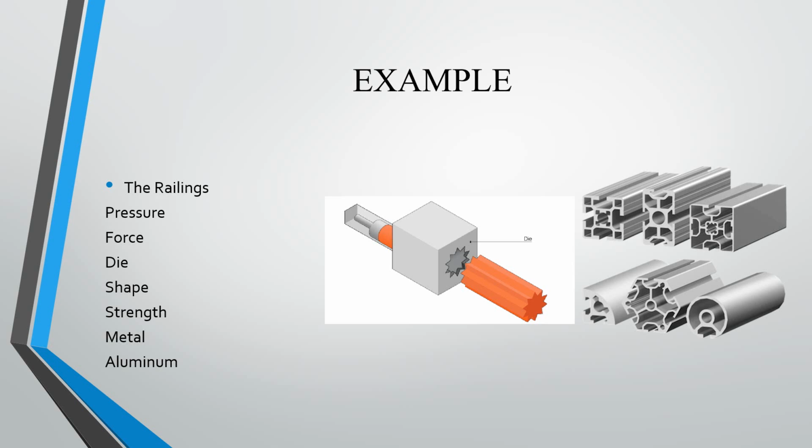So the machine has a specific bar, could be square or circular, a cylinder bar. Then it's put inside of the machine, and the machine starts to generate that pressure in the piece to make it pass through the specific die with the specific shape.